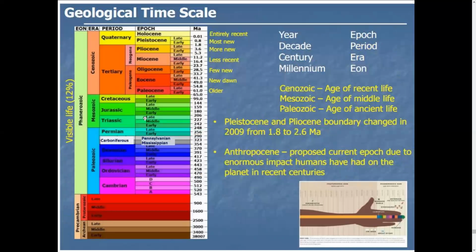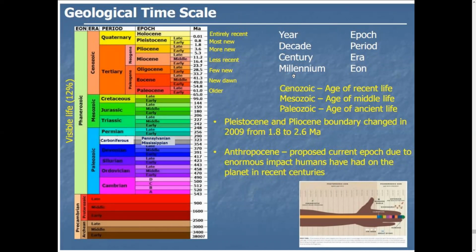So now, if we look at the geological calendar, we see that it's divided into what we call an eon, an era, a period, and an epoch. Now, what you get to see is that those classes are not different from our human classes that we use, for example, year, decade, century, millennium.